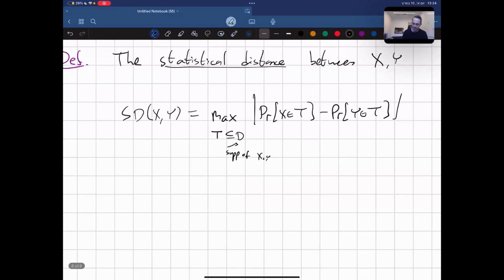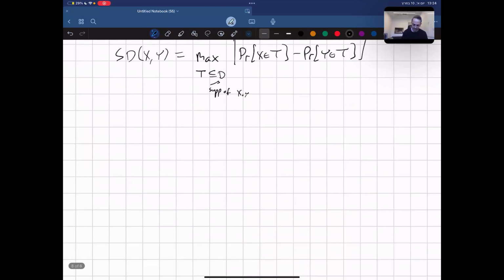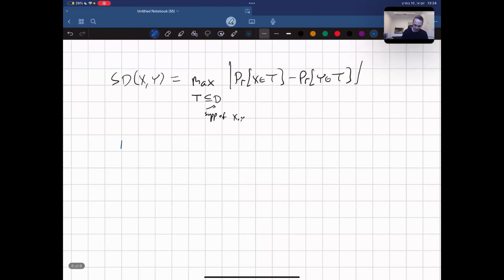In pictures, it's actually more intuitive. Say this is D, the support. For every point here you have a point in D, and this is the reals. So this is 1, this is 0.